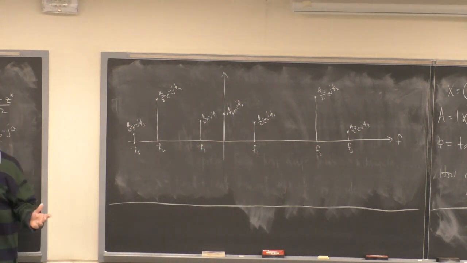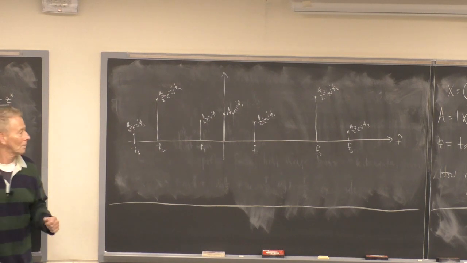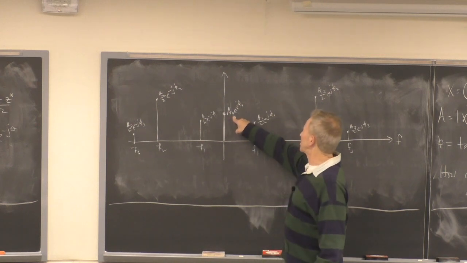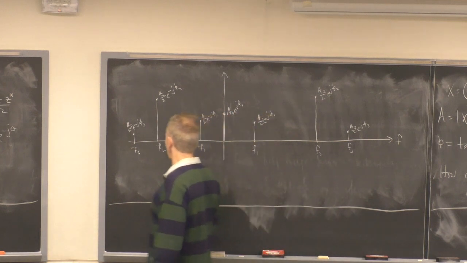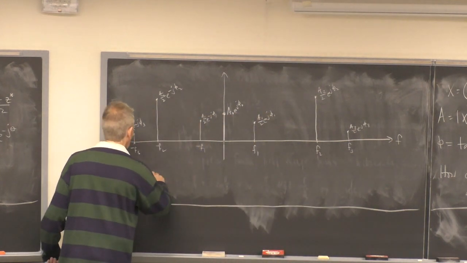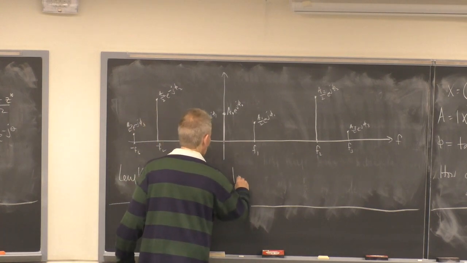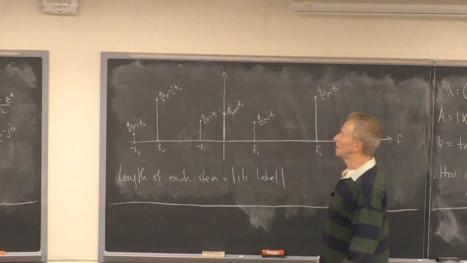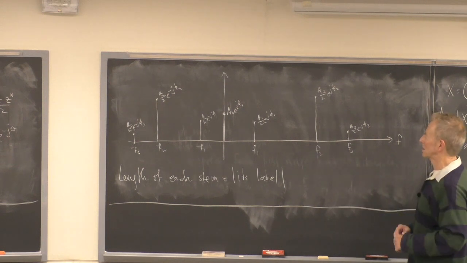OK, so what about the stems? How do we make the stems? Well, it's easy to see how we labeled the stems. What are the lengths of the stems going to be? The length of each stem is going to be the magnitude of the label on it. Now, its label is basically half the phasor amplitude of the kth term in the original x of t.